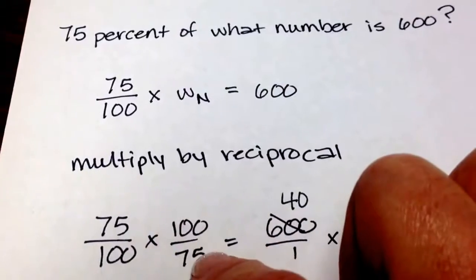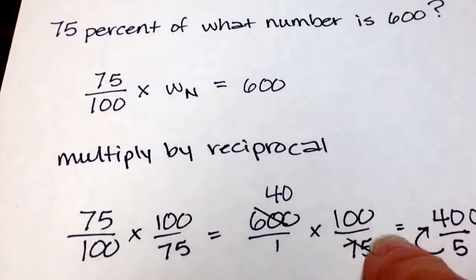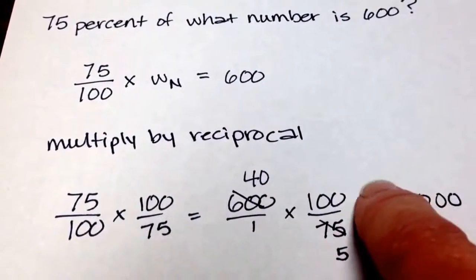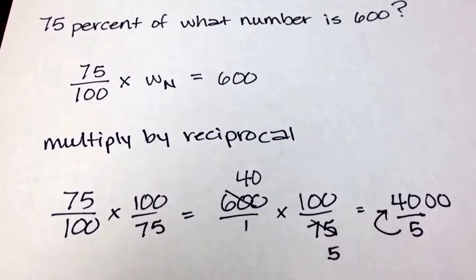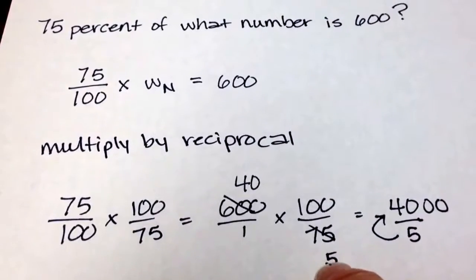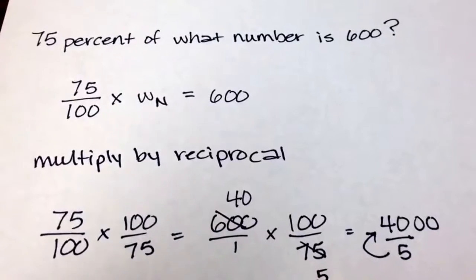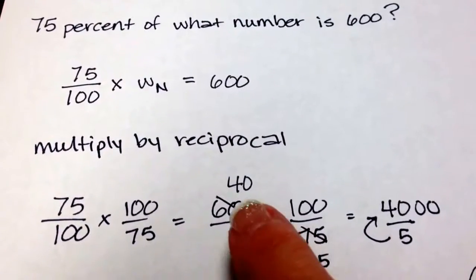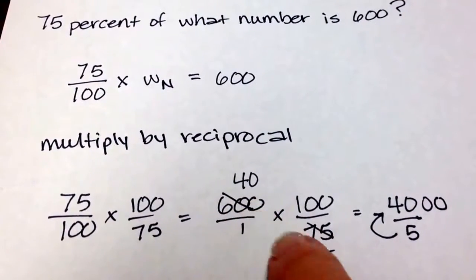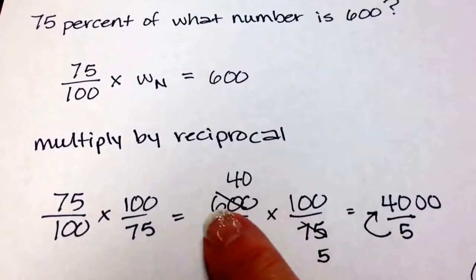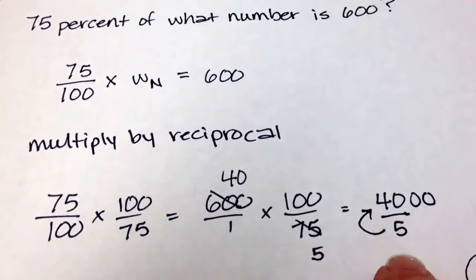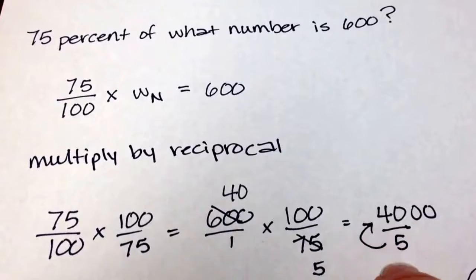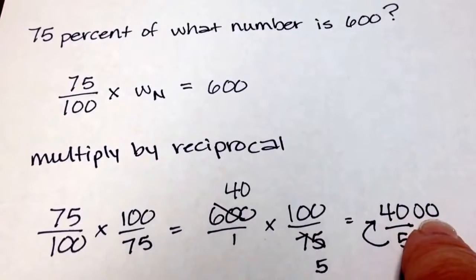If I do this to one side, I have to do it to the other side. So I have 600 over 1 times 100 over 75.